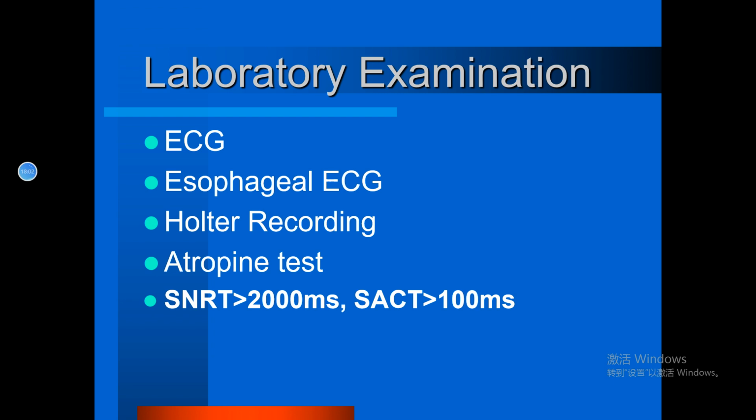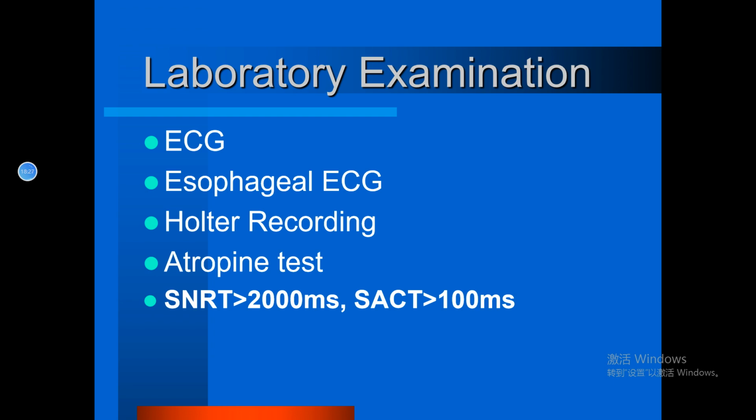The second one is esophageal ECG. Yes, we use an ECG recorded from the esophagus. It can differentiate some difficult cases of sinus arrest. And third, Holter recording.